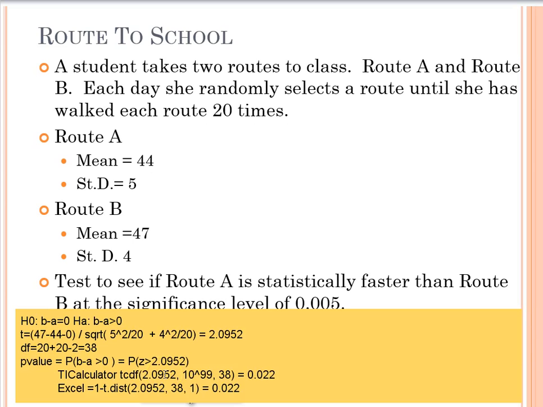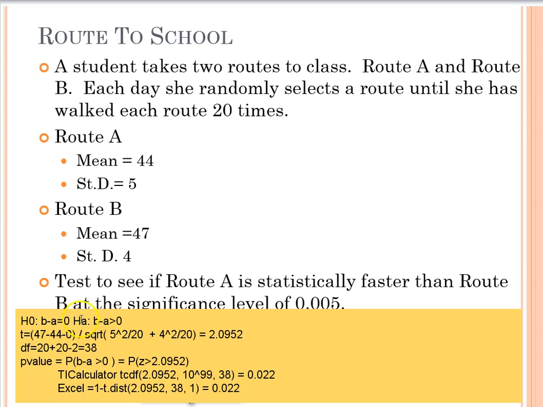So the first thing we want to do is set up our null and alternative hypothesis. Here, I've put Route B first because the average for Route B is higher than Route A. You could put either one first, and your conclusion should still be the same.